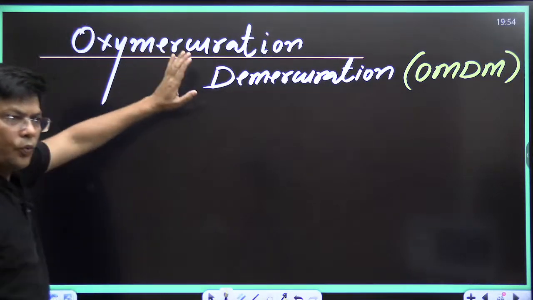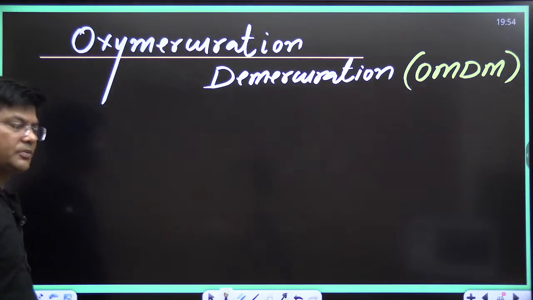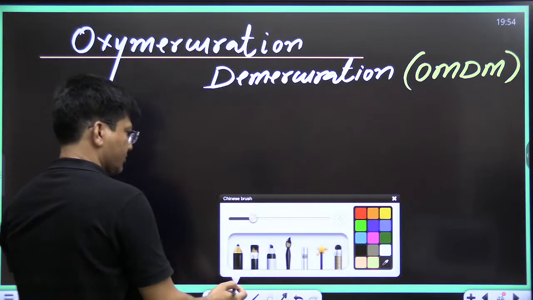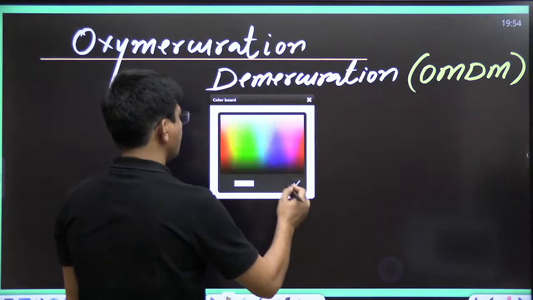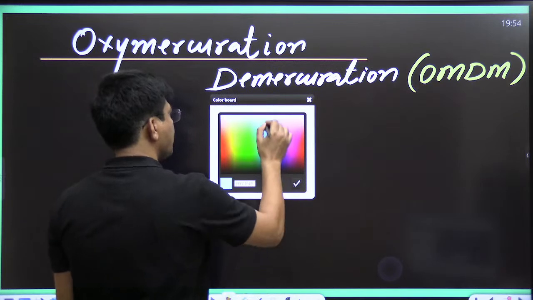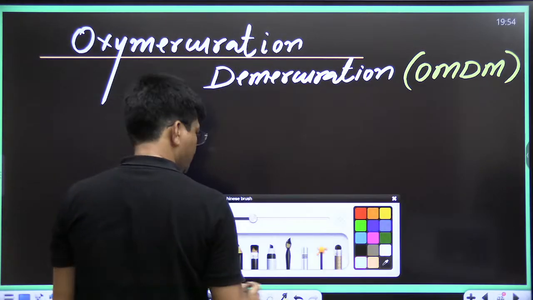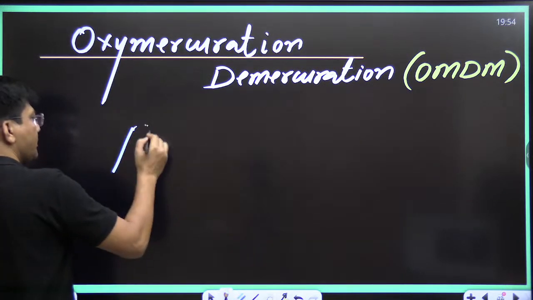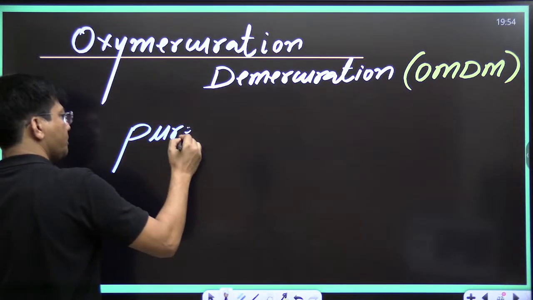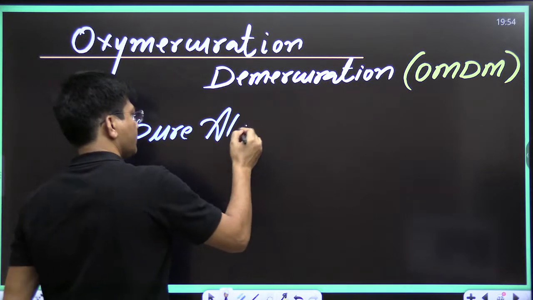So one thing is very, very famous about this reaction, my dear friends, that in this we will get pure alcohol. That is the most important thing. Its product is pure alcohol. And purity matters a lot.